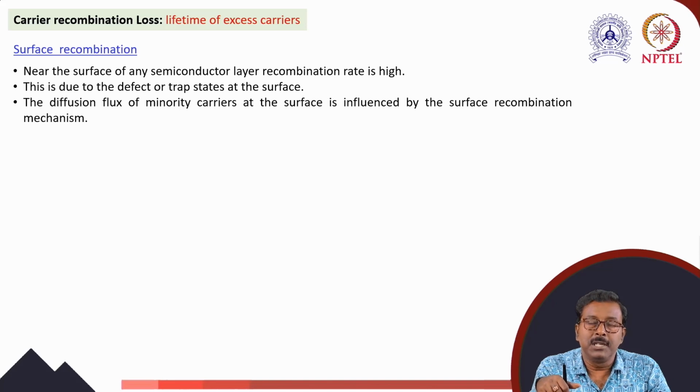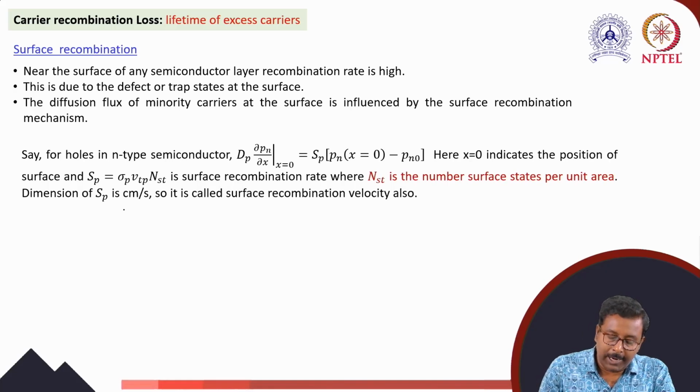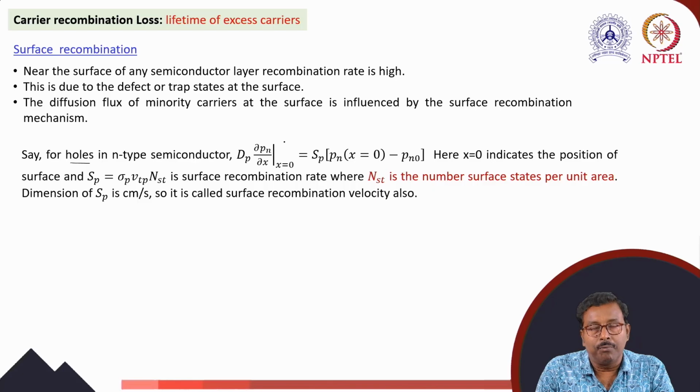Due to the presence of these defect states, some of which are in the mid gap of the band gap, there is recombination, and that recombination is called surface recombination, as it occurs at the surface.